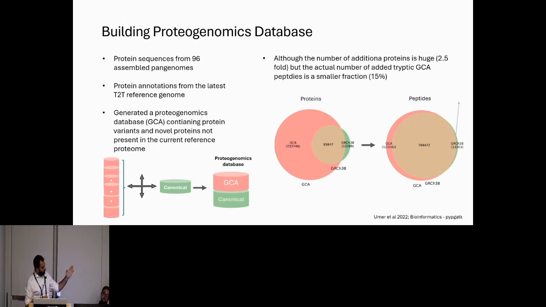However, if you digest these proteins into tryptic peptides, you only add 15% extra tryptic peptides to the database. So the database size is not actually increasing if you think about the search engine approach. It looks huge, but it's not huge.